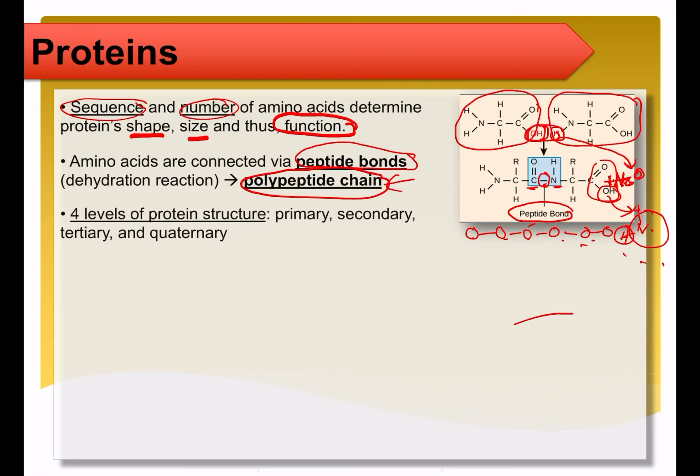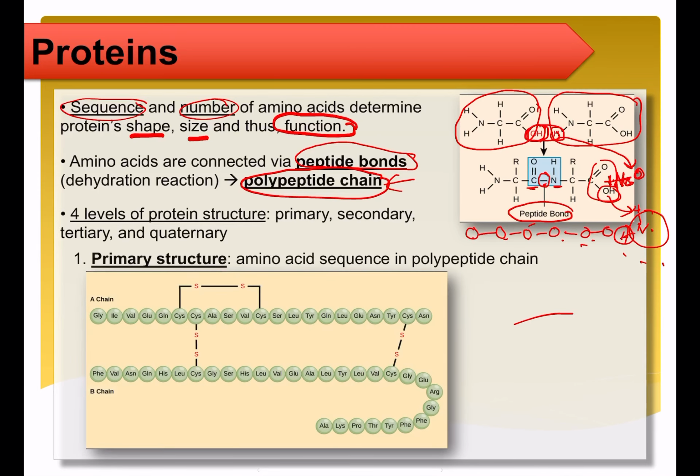And because a protein's structure is determined by the side chains of amino acids, there are 4 levels of protein structure that these interactions can create. Primary structure is basically the amino acid sequence in linear format within the polypeptide chain.